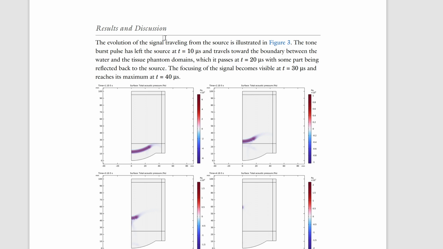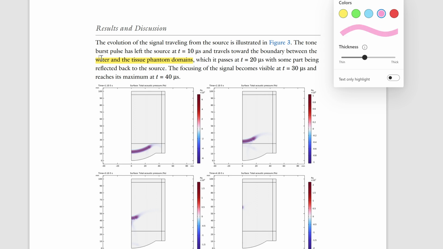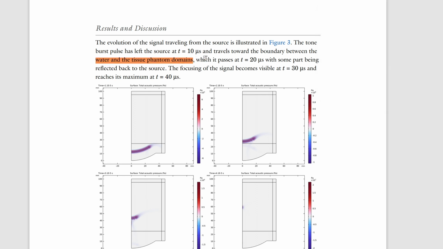Leaving the source at 10 microseconds and travels towards the boundary between the water and the tissue phantom domains, which it passes at t equals 20 microseconds.